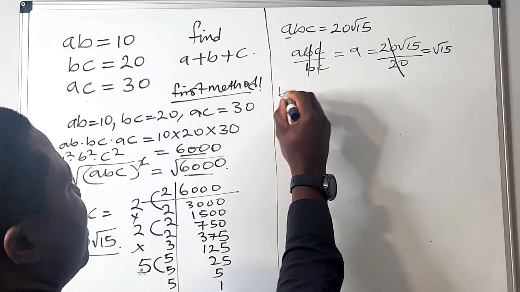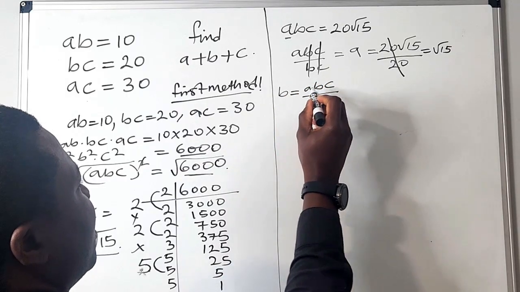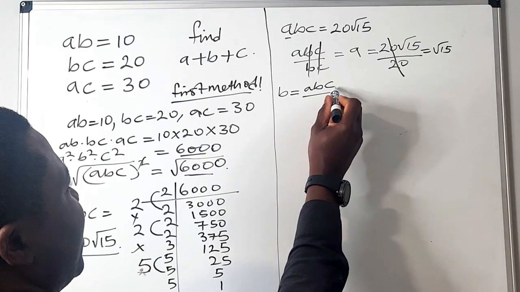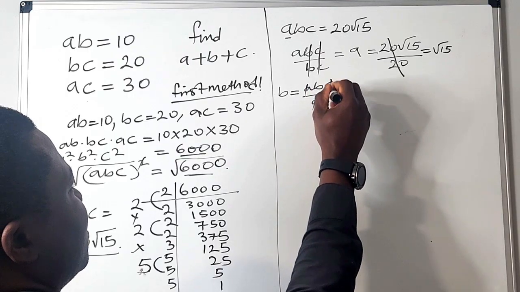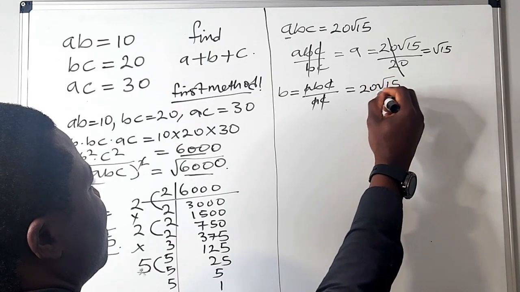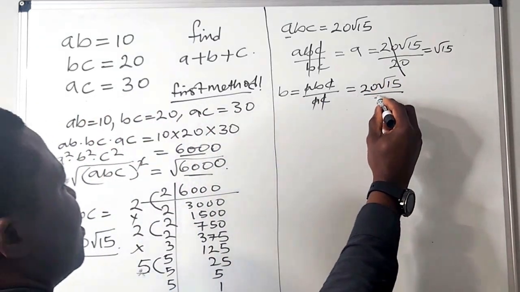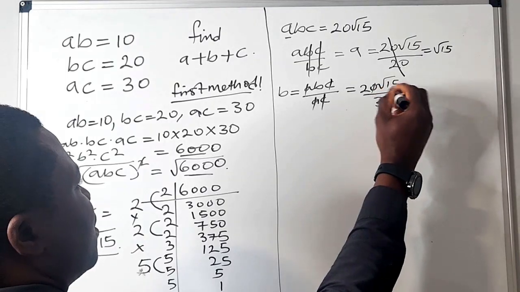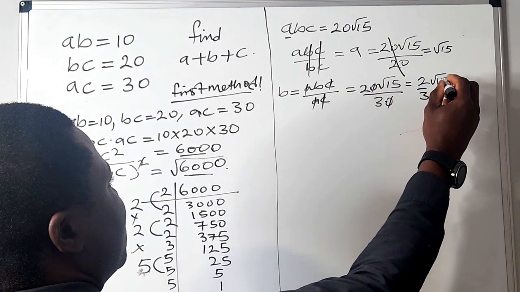Then to find out B, ABC divided by, to get the B, we'll divide by AC, right? Because they cancel out. So we have 20 root 15. What's our AC? Our AC is 30. So we have 2 over 3 root 15.